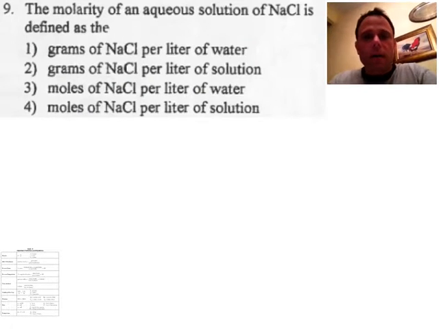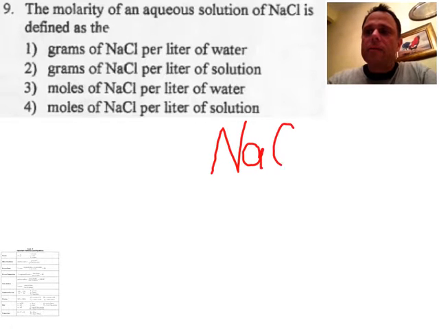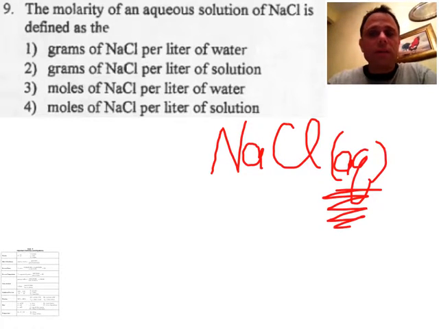Number 9. The molarity of an aqueous solution of NaCl is defined as... Let's dig into that just a little bit. NaCl, aqueous. What this implies, because it says aqueous, is the sodium chloride is dissolved into water.